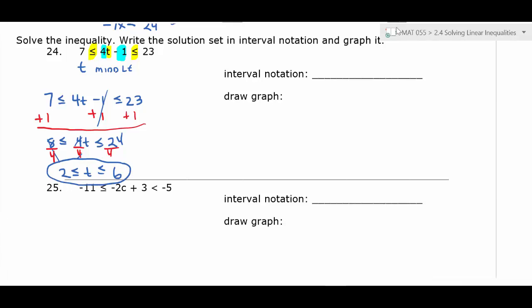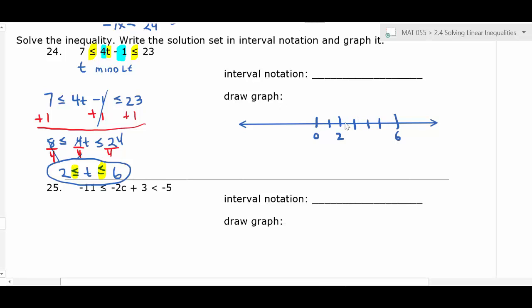Okay, so if we were to draw a graph on this, graphically, this is going to look like this. We just draw a number line graph. What I would want to see is 0, 2, 3, 4, 5, 6. And then what we're going to do is we're going to include the endpoints.